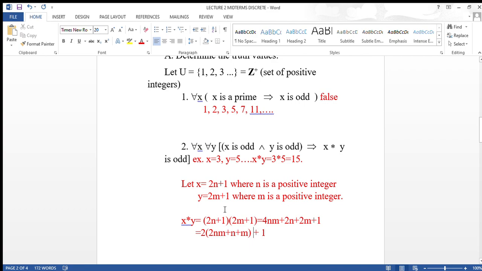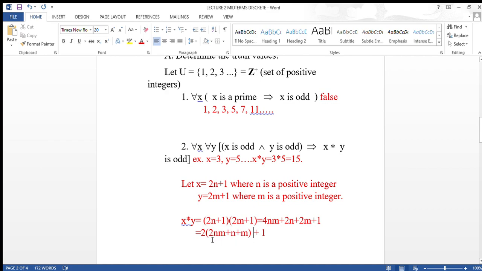Remember that n and m are positive integers. And if you get an integer multiplied by an integer, by closure property, this would still be an integer. And again, by closure property, you take an integer plus an integer plus an integer, the result will still be an integer.